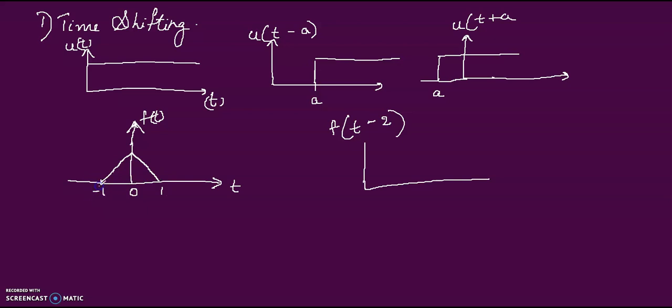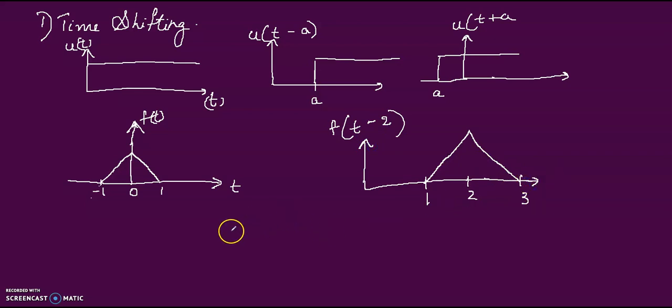Then it will come to 1, 2 and 3. That is, the point -1 has shifted to 1, the point 0 has shifted to 2, and the point 1 has shifted to 3. And this is f of t minus 2.